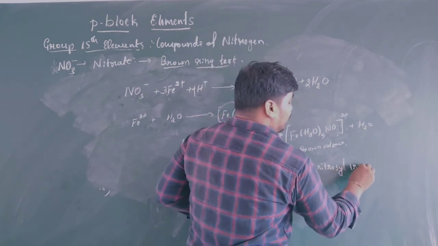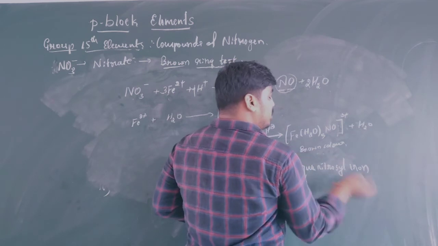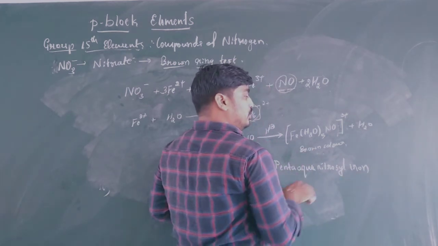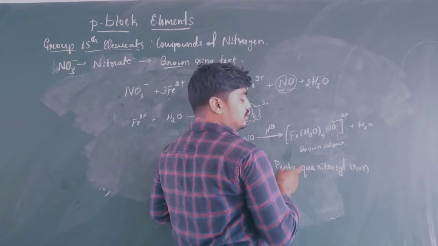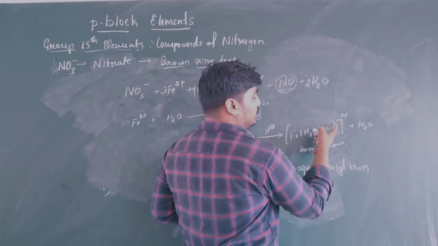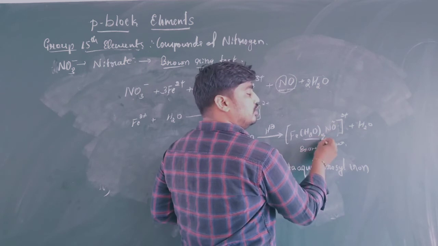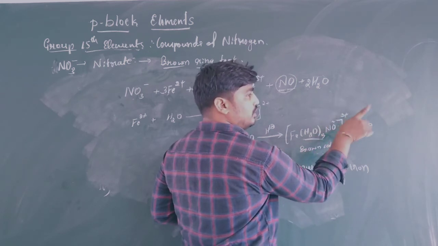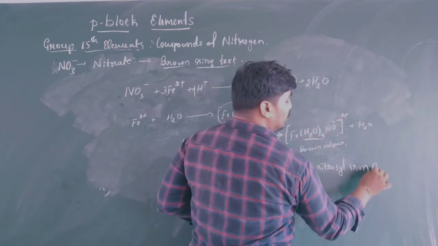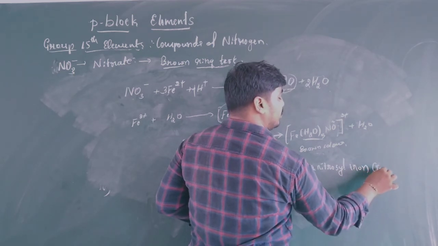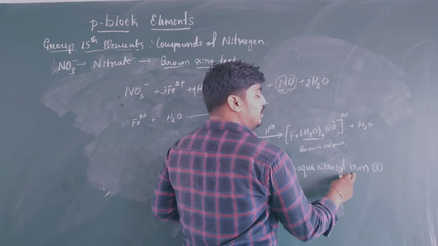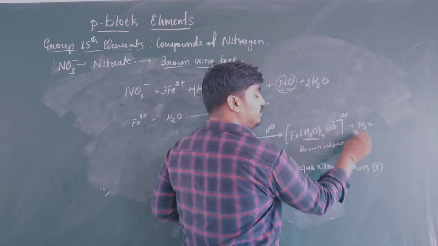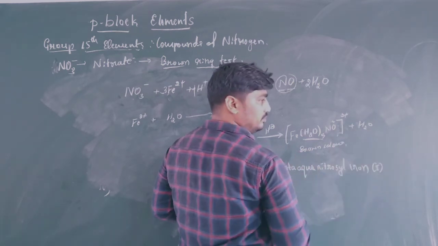Here iron: what is the oxidation state of iron now? It shows +1. Why does it show +1? It gives an electron, and the 5 waters are neutral. +1 goes out, +1 remains. The iron oxidation state here is +1. Pentaaquanitrosyliron(I). Suppose it is sulfate, iron(I) sulfate.